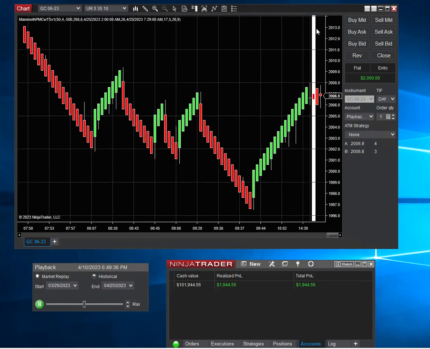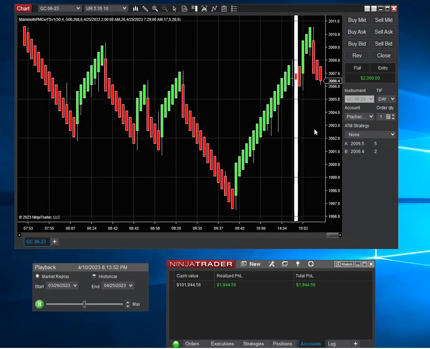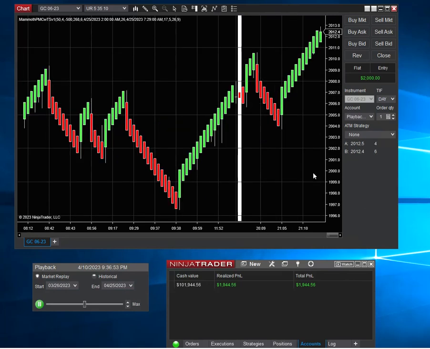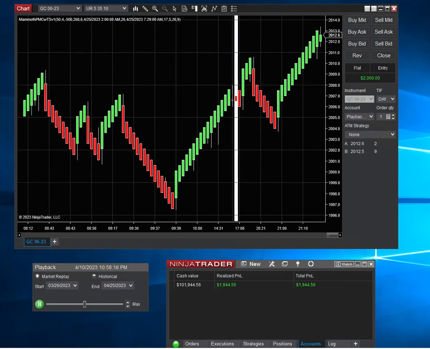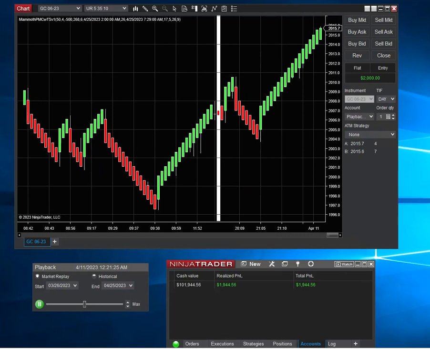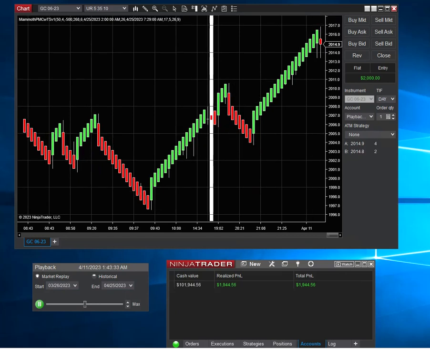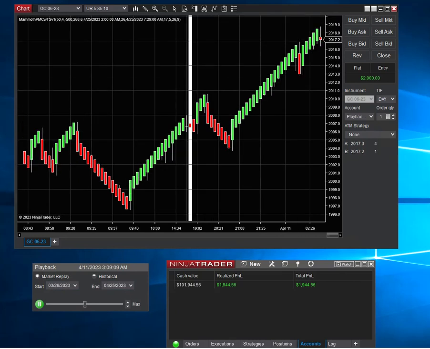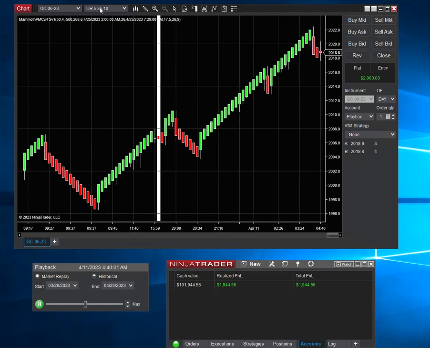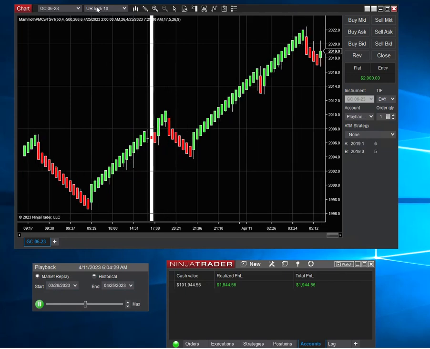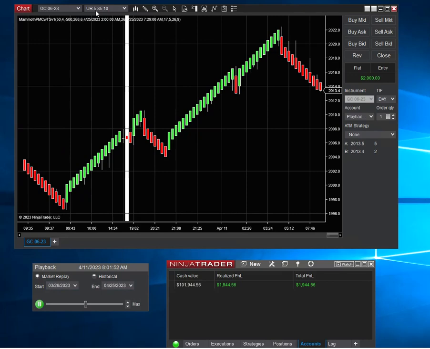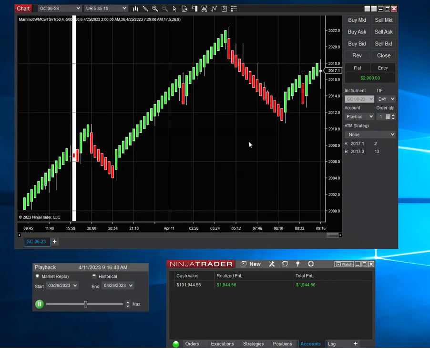Okay, then the next, the intraday resets. And you can also change the bar size. You can change 5 to 8. It depends on what you want to achieve.